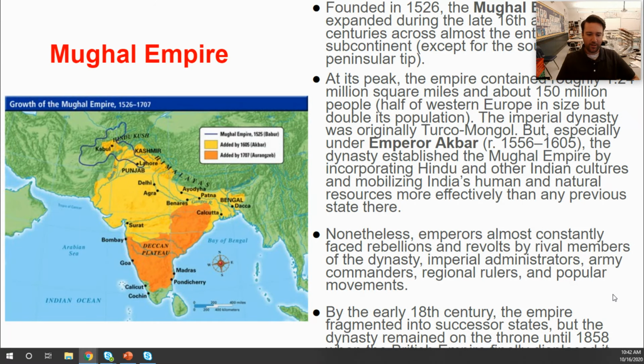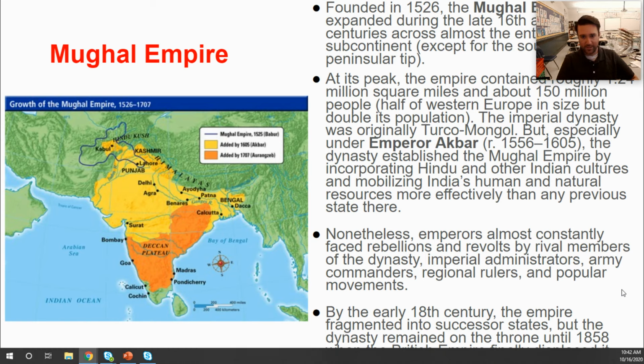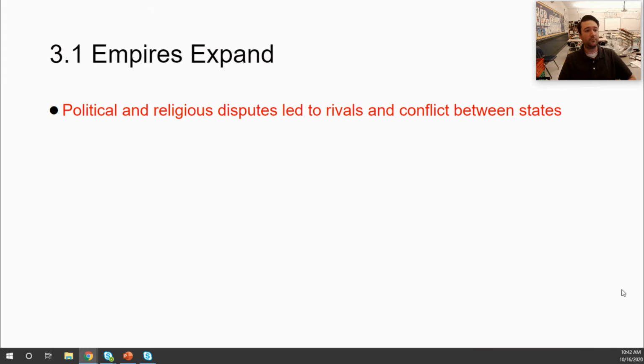But by the early 18th century, we start to see fragmentation in the Mughal Empire that opens up the door for the British, who are starting to arrive in the 1850s, to essentially gain control over the subcontinent of India and wrestle control away from the rule of the Mughal Empire itself.